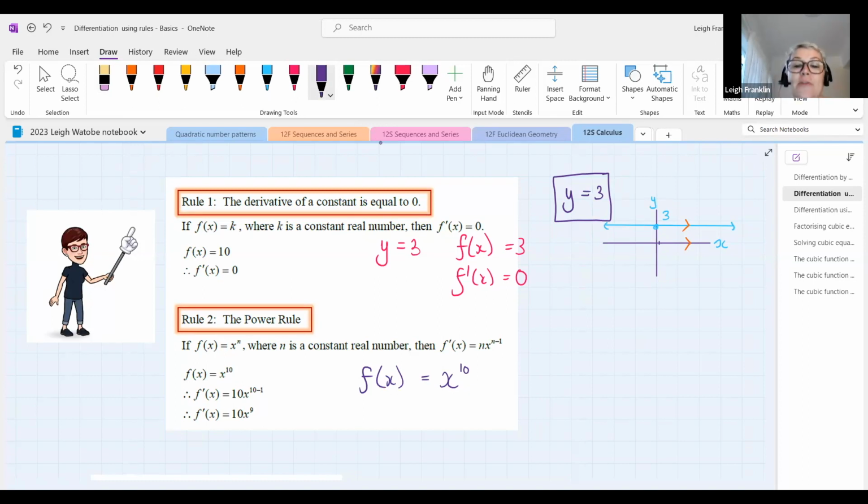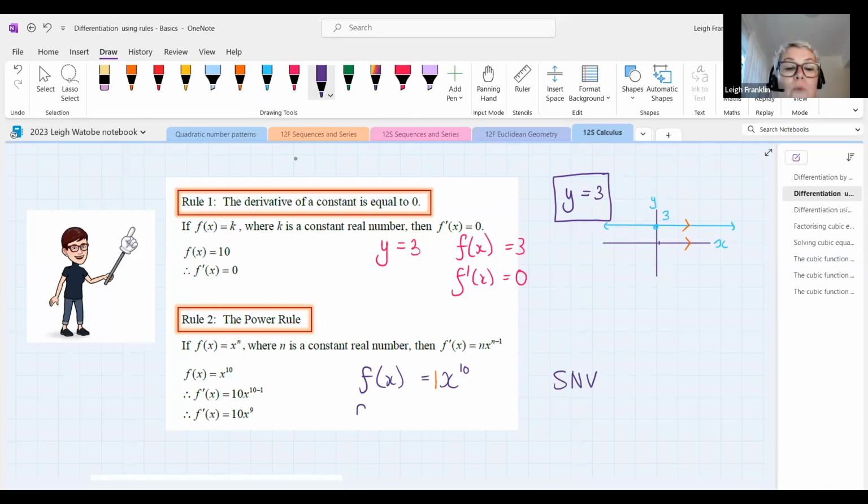When we take the derivative, we are multiplying the exponent by the coefficient. Now, in this case, our coefficient is an invisible +1. We are ready to take the derivative because the only term here has been written as sign, number, variable.